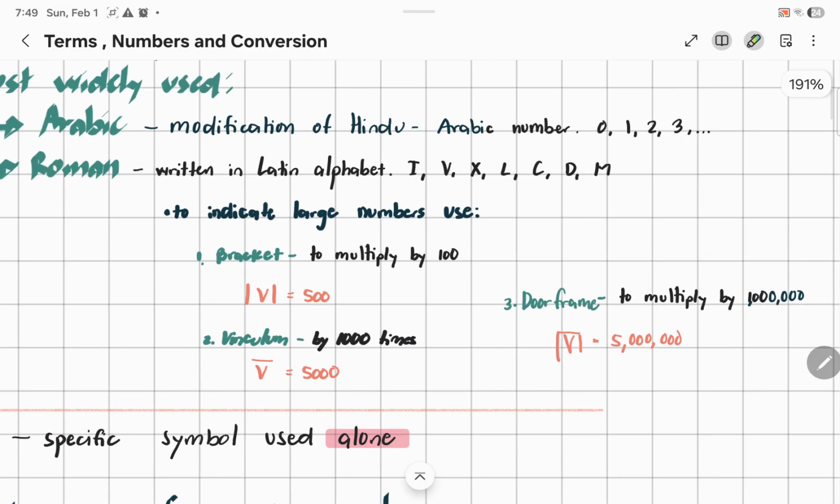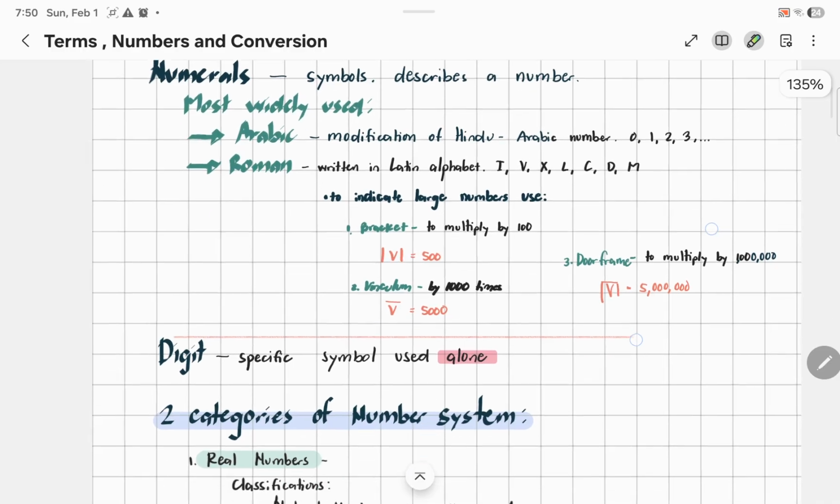Now, if you want to multiply by 1 million, we use the door frame. That's just the combination of a bracket and a vinculum. For example, we have the V with a door frame like this. So 5 times 1 million, therefore we have 5 million, and so on.